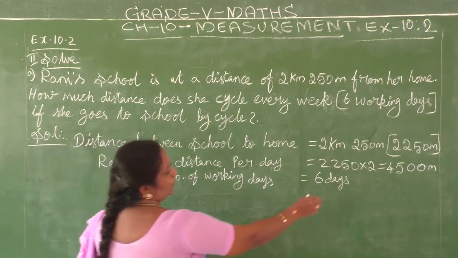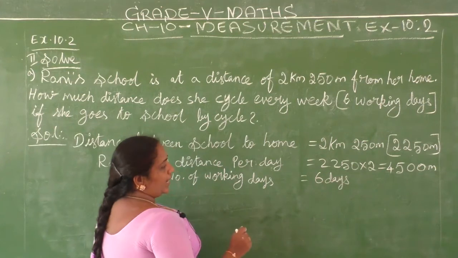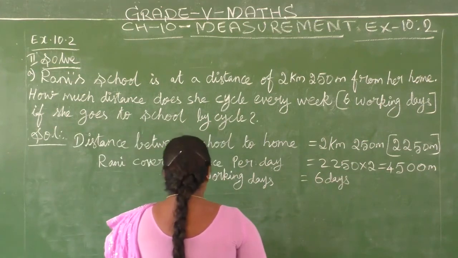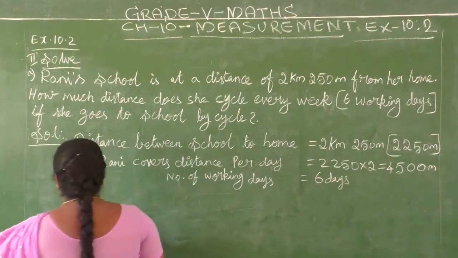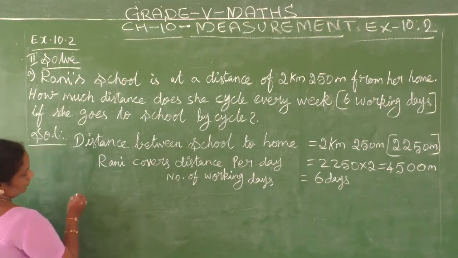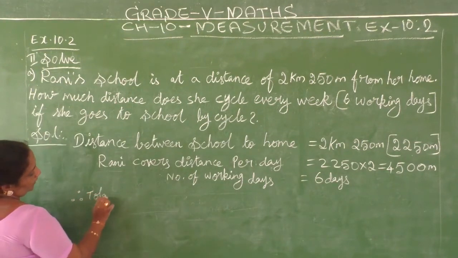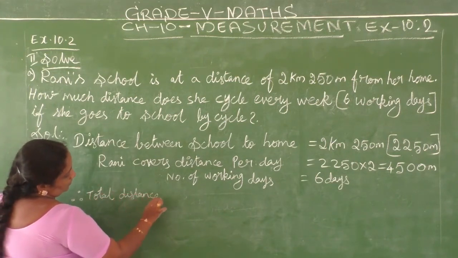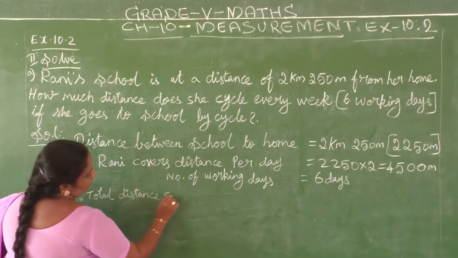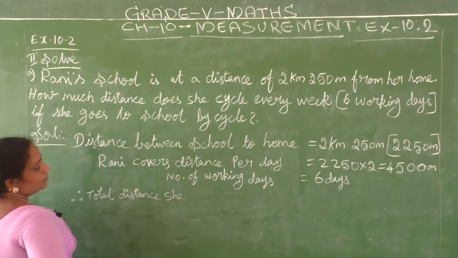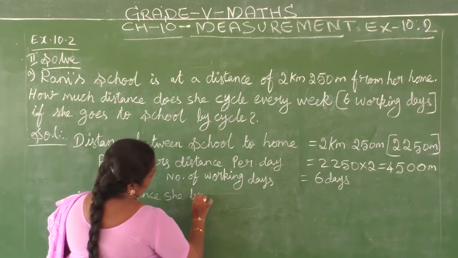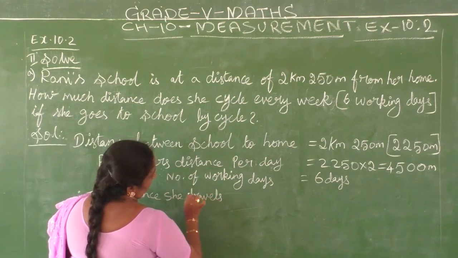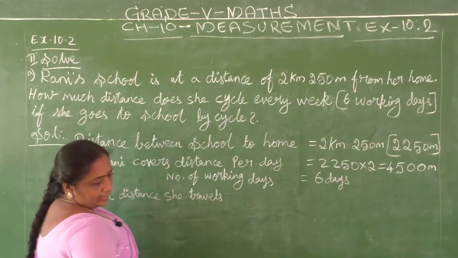So we have to multiply this 4500 by 6 days. Therefore total distance she travels in a week.